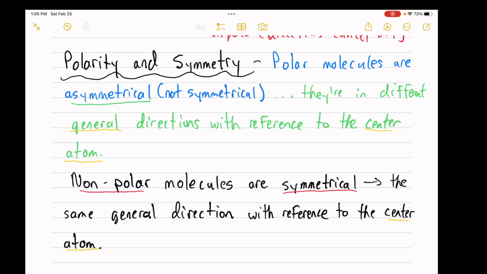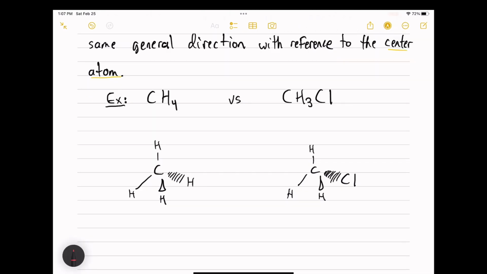Now, how does that actually look if we're examining a molecule or a compound? Well, let's say we're comparing two molecules. You have methane, and then you got chloromethane here, CH3Cl. Well, when I draw the VSEPR diagrams, just a quick reminder here, these hashed lines are the same as the dashed lines that we would have seen us draw earlier.